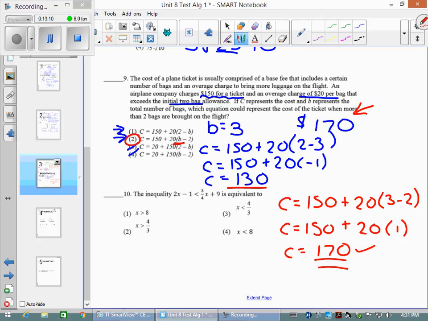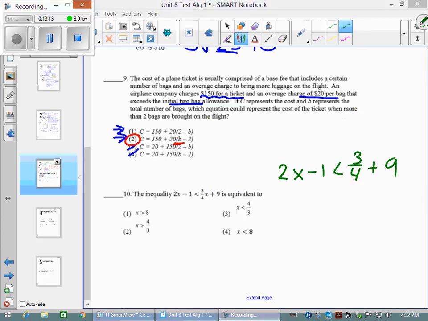So for number 10, we have to solve this inequality that they gave us. In order to do this, I want to get all my terms that have an x over to one side. So in order to move this 3/4 x to the other side, I'm going to subtract 3/4 x from both sides.